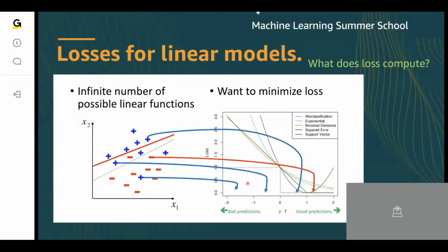The function pays a penalty of 1. And for all those where there are no mistakes, it makes the function pay no penalty. So it's roughly just counting the number of mistakes the model is making on the training data, the fraction of the samples where it's getting it wrong.